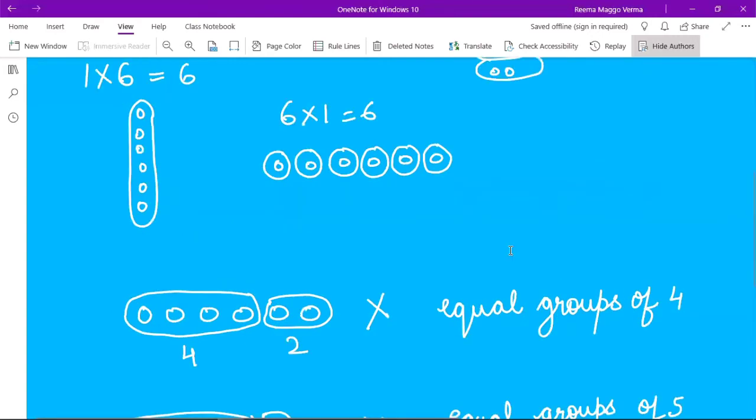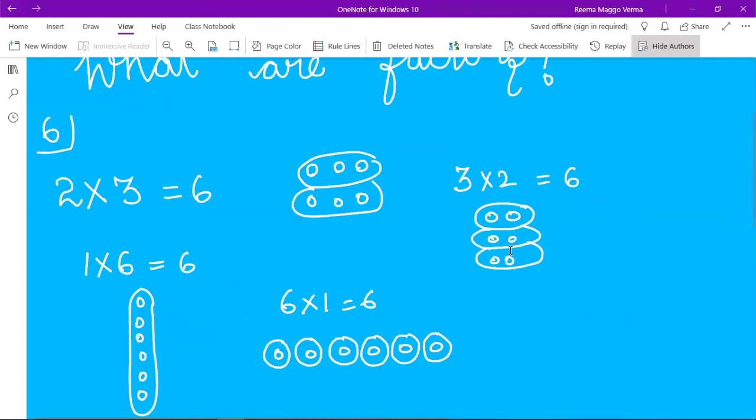So now if we go back to our representations of 6, we see that we have broken 6 into equal groups of 3, equal groups of 2, a single group and equal groups of 1.